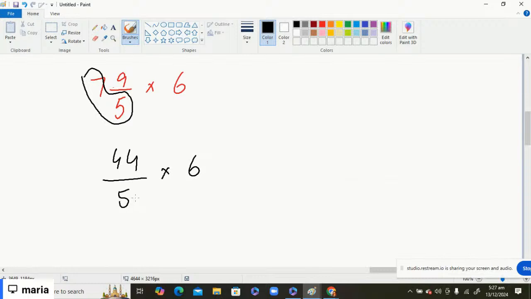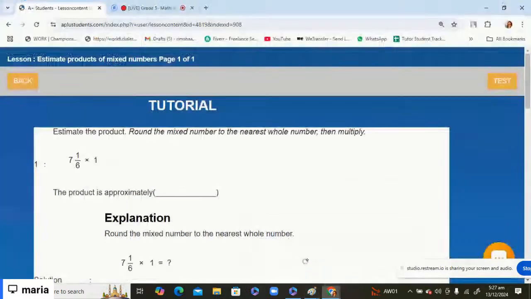Now times 6 as it is. 6 is not multiplied with this. 6 is multiplied with this one. Top numbers are multiplied with each other. So 44 times 6, you are going to multiply with that one. Okay? 264 over 5, and that is your answer. This is the way that you are going to write your answer.